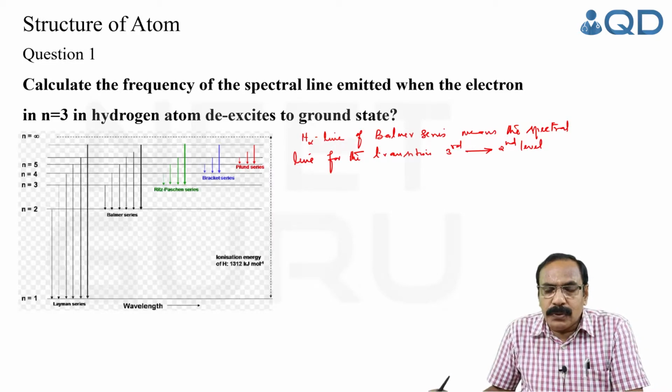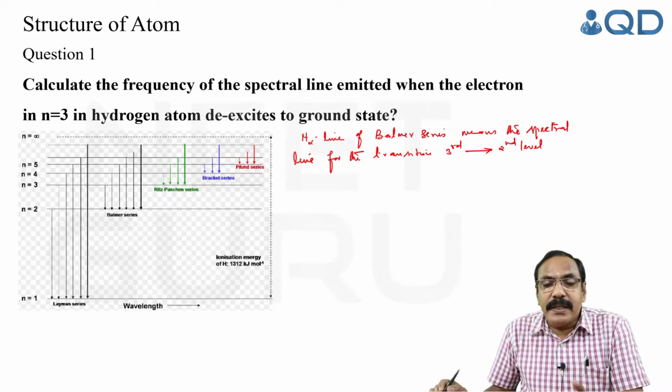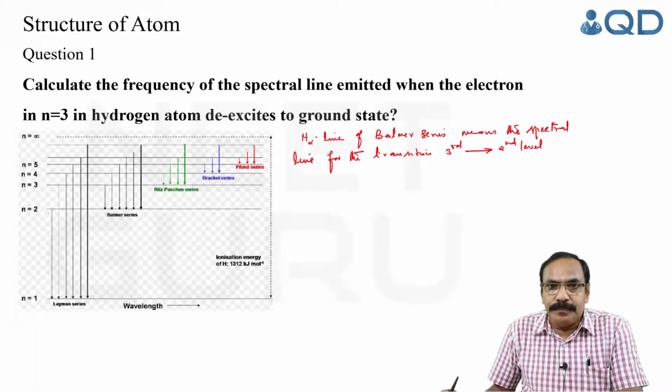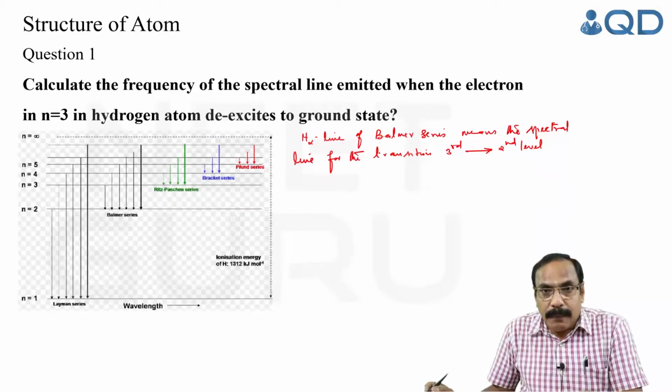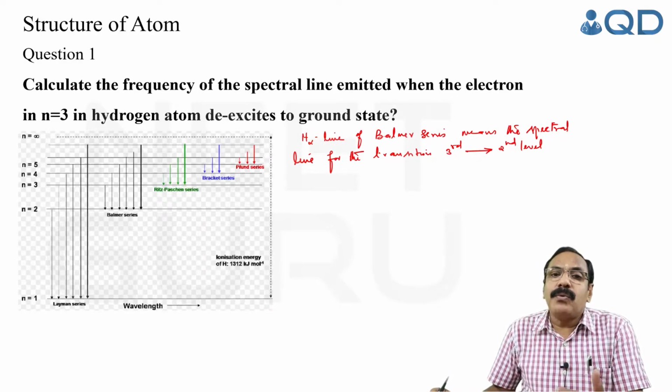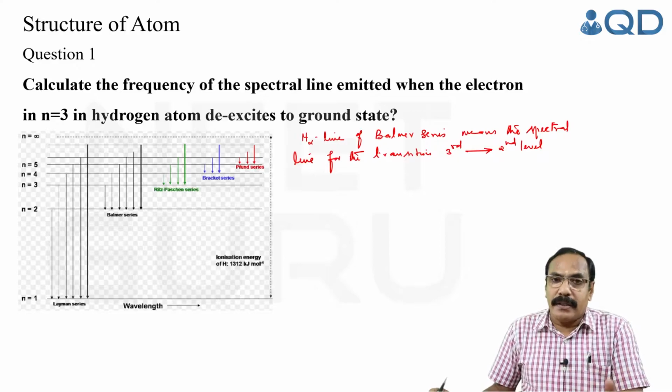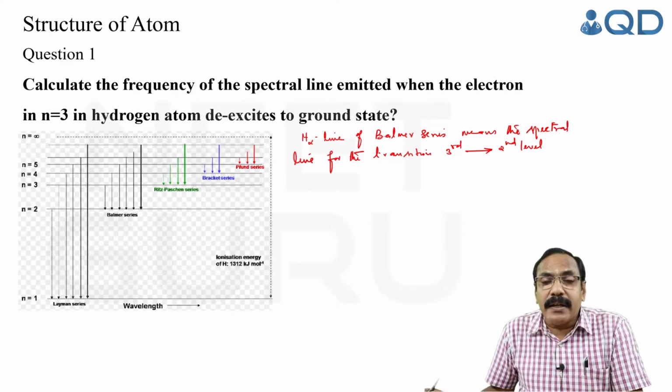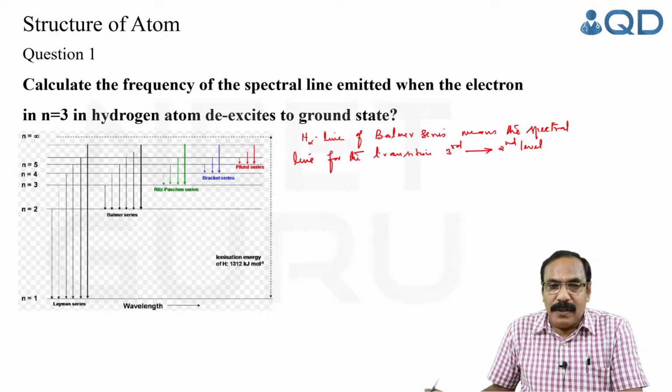Clear now? So, when hydrogen gas is taken in a discharge tube and the potential is applied gradually, the electron from the ground level, that is in the K shell, gets excited to the different higher energy levels. These higher energy levels are unstable.